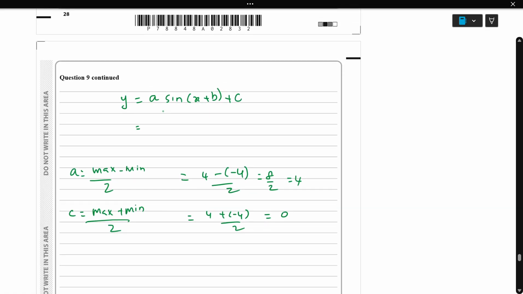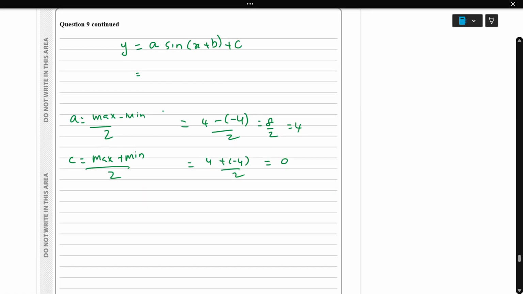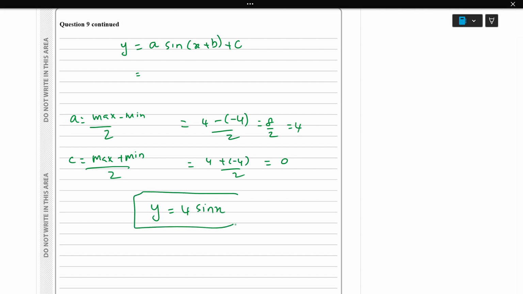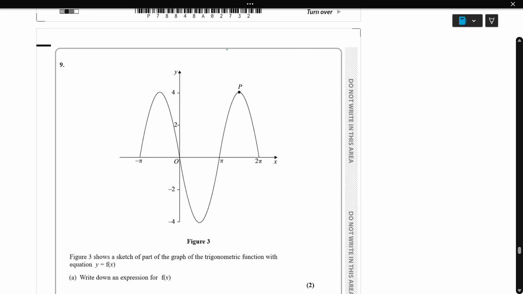So b also, there is no phase shift. So the final answer is going to be y equal to 4 sin x. That's it. So there is no b, no c. C is 0, so our principal axis is the same as the x-axis. So nothing happened. So that is the value.